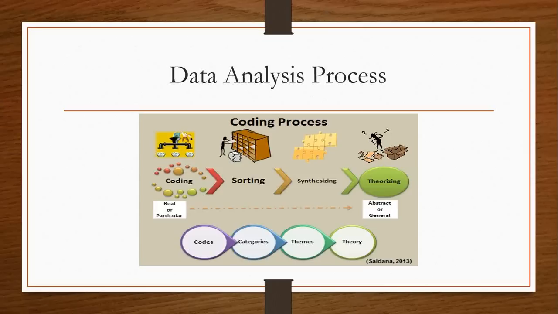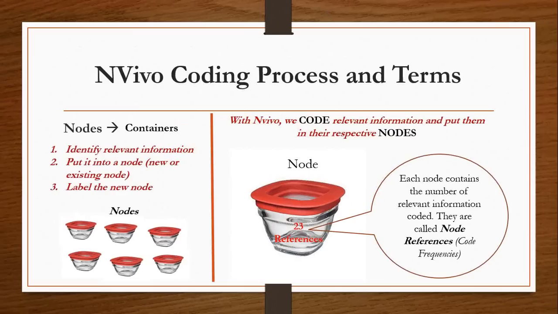So you move from codes to themes, and sometimes, especially when you're using grounded theory, you may have to develop a theory to represent your data. If you are not using grounded theory, you don't have to worry about developing a theory.